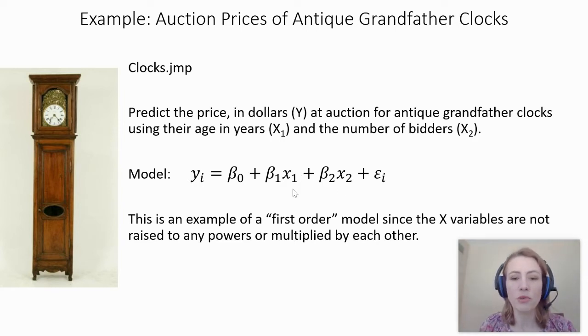And we don't have multiple x's being multiplied by each other. There's no place where we have x1 times x2, right? That we'll get to in a few videos, but for now, we're keeping them separate, a different term in this sum for each of our predictors.